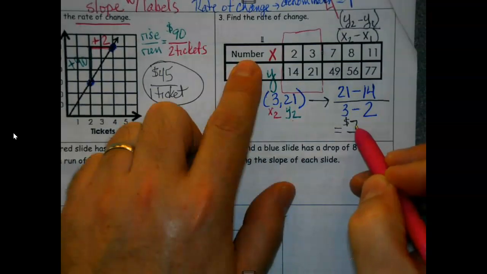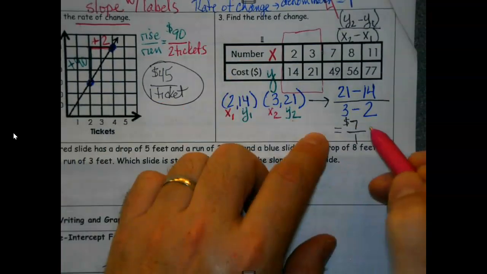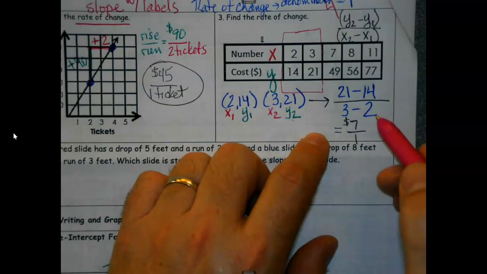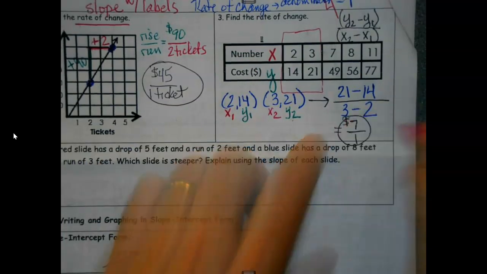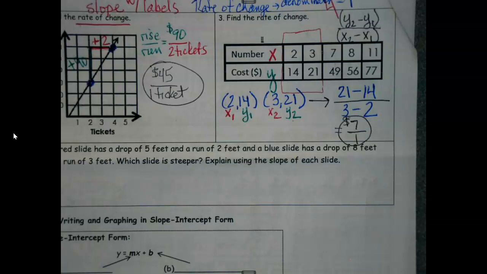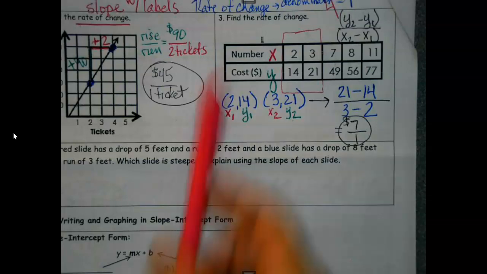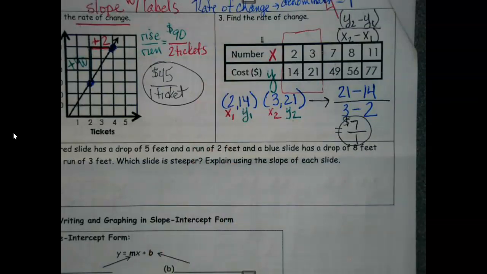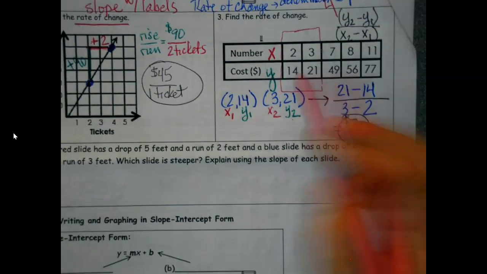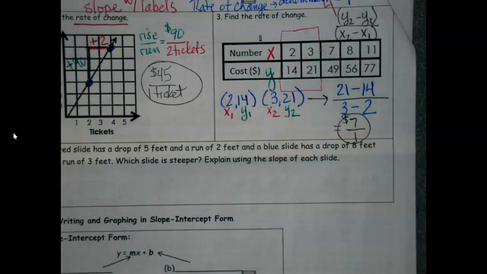I guess we're going to leave that at $7 over 1 because I forgot to change the label in there to something else besides a number. So that would work that way. Any pair, you can make x1, x2, y1, y2 and get there with that.